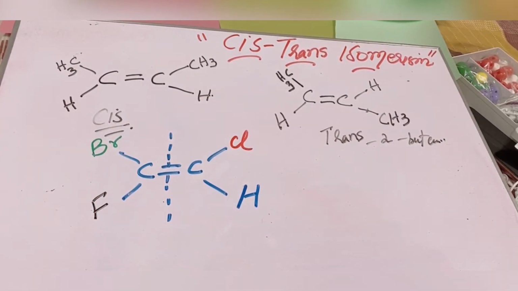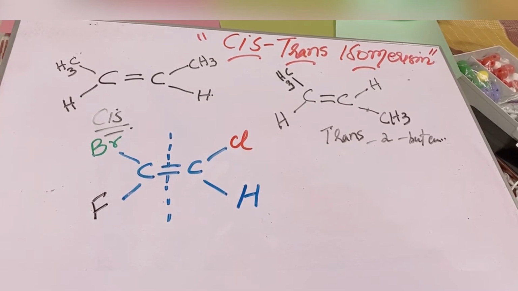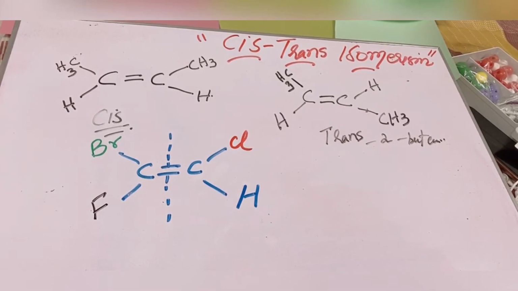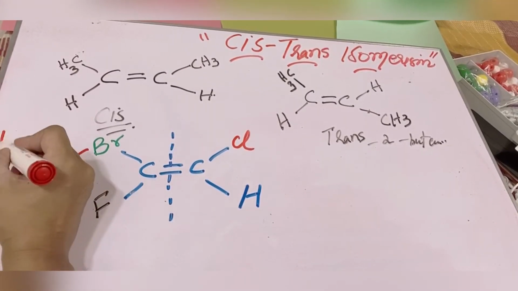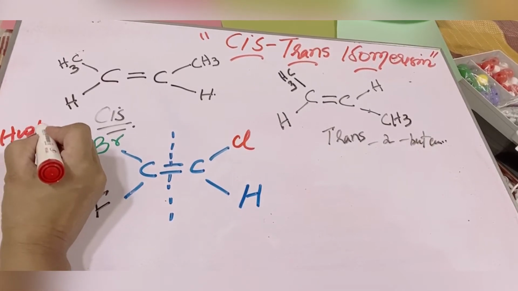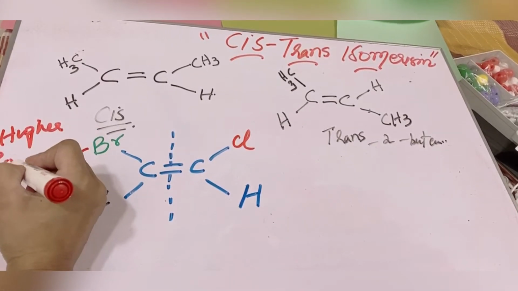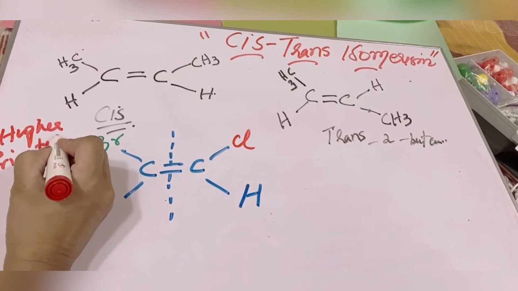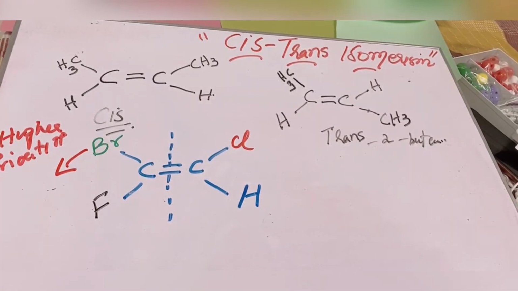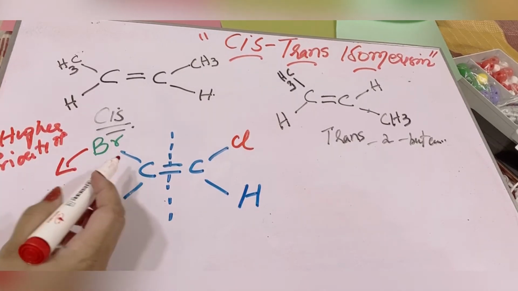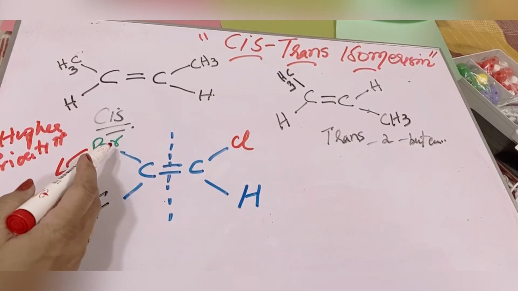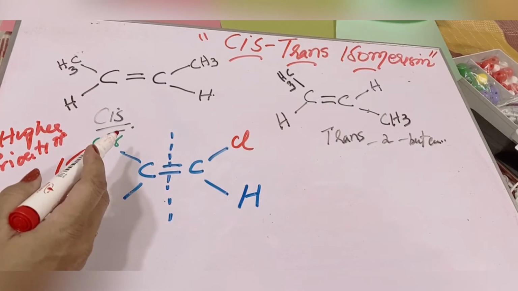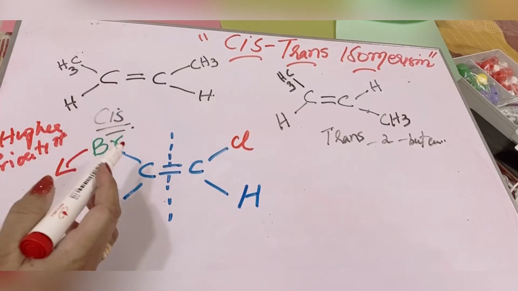Now if we talk about the higher priority groups, here in this case the higher priority group is this bromine. It is called a higher priority group. Why is it called higher priority group? Because it is on the first carbon, right? Carbon number 1, the bromine atom is attached. And why is it called the higher priority?